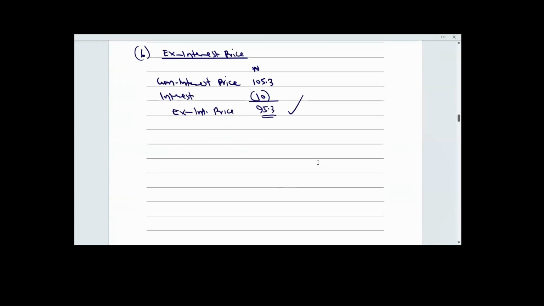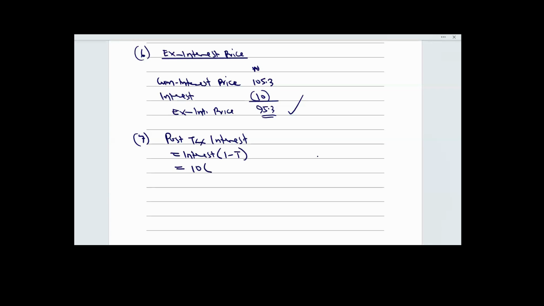Working number 7. Post-tax interest. So post-tax interest is interest multiplied by 1 minus tax. The interest rate given to us is 10%. So just put 10, forget about the percentage.